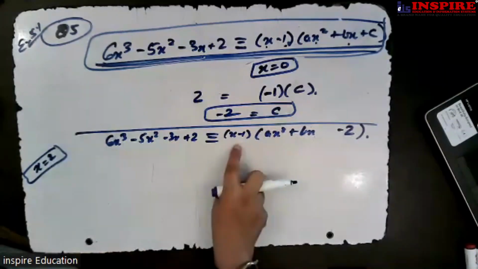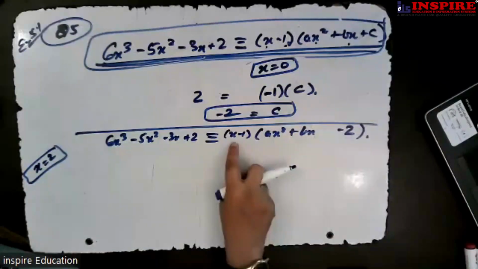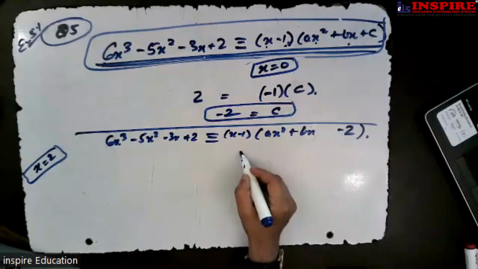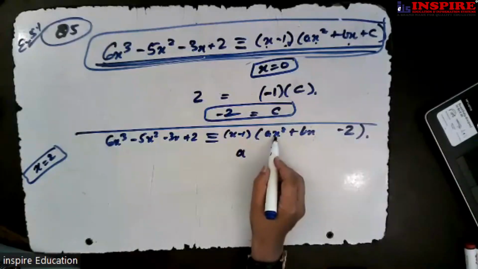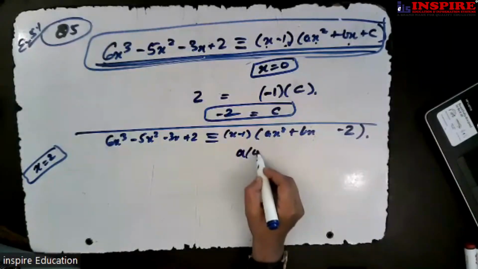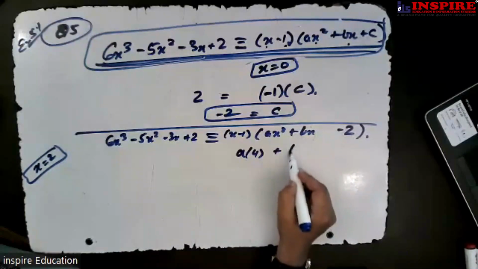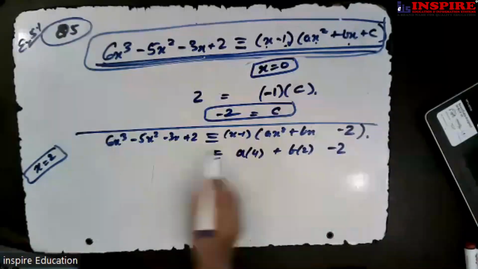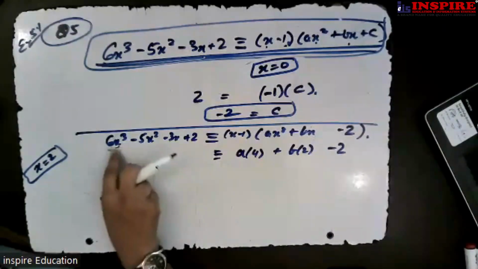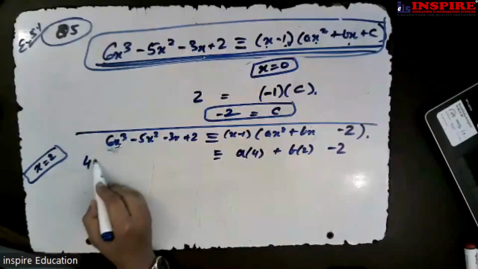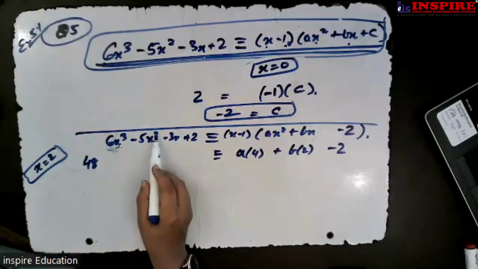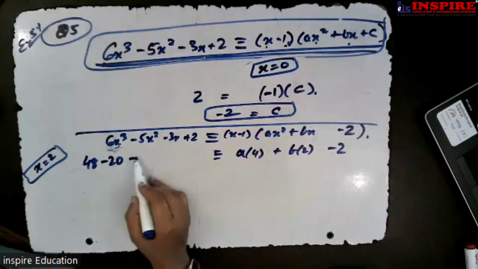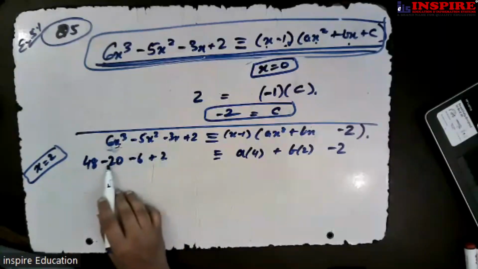Now you must be saying why I take x as 2. That's the logical thinking. 2 minus 1 is what? It became easy. 1 into anything is the same thing. So it becomes a into 2 squared plus b into 2 minus 2, and 2 cubed is 8. 8 sixes are 48. 2 squared is 4. 4 fives are 20. 2 threes are 6 plus 2.